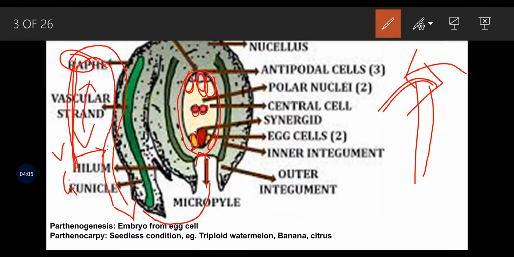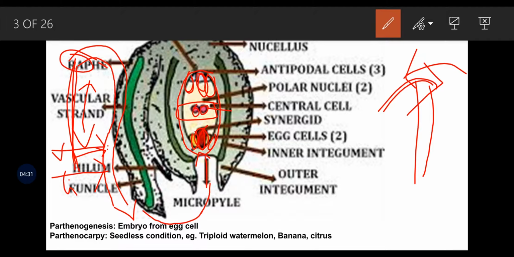Whenever the male nuclei come, they will start fertilizing. Before fertilization, fusion should happen. Because in the division two nuclei were already formed, one vegetative and one generative, one will fuse with the polar nuclei and another will fuse with the egg cell. Here the double fertilization process takes place.